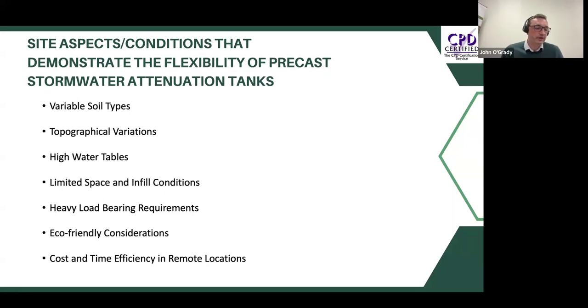So that's an area that is quite good for that type of system.